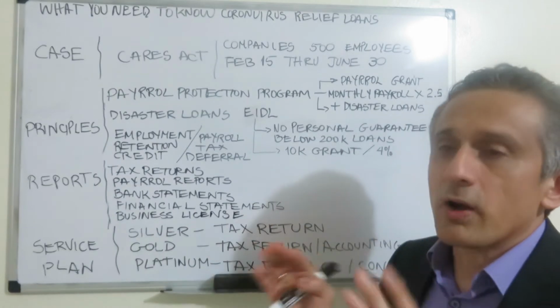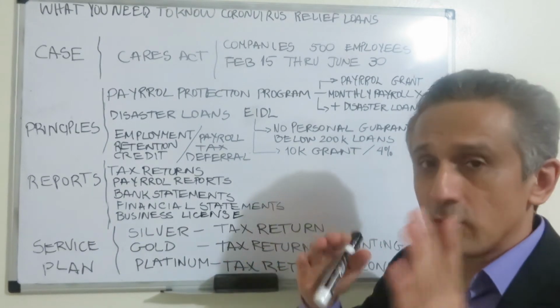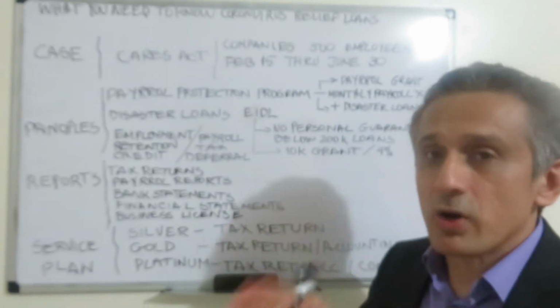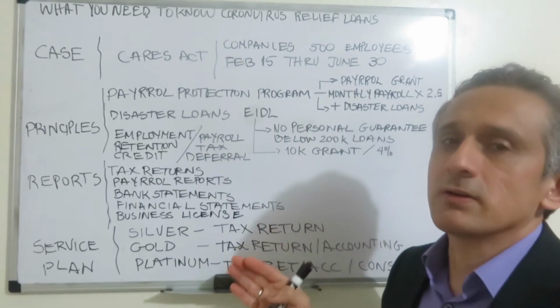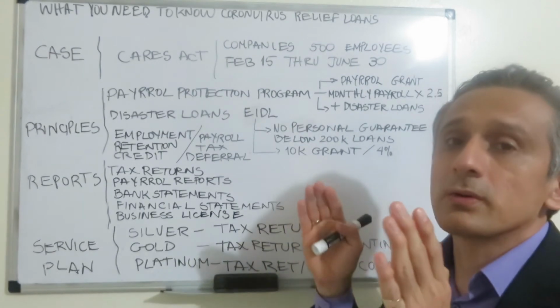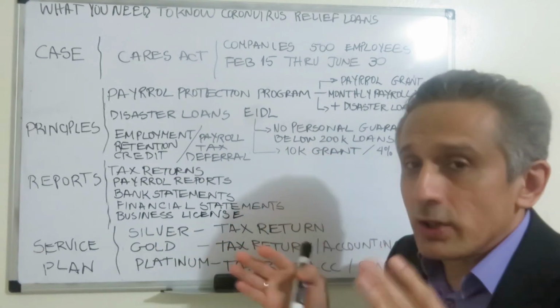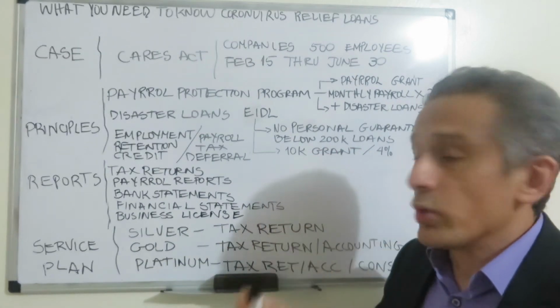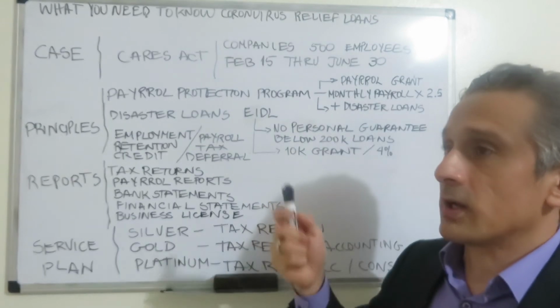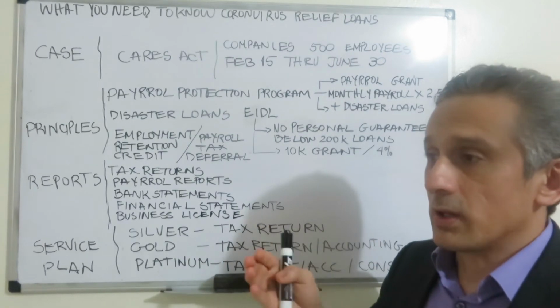Just to give you an idea, if you have 2 bank accounts, you will need to upload to the Small Business Administration system for the disaster loan 12 bank statements, because they require 6 months of bank statements for each bank account that you have.